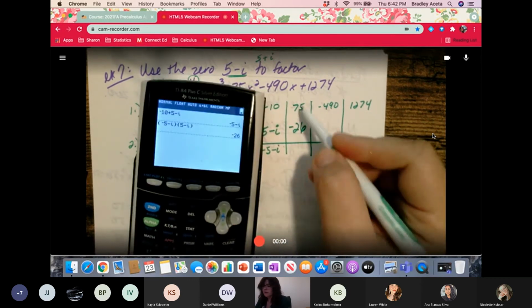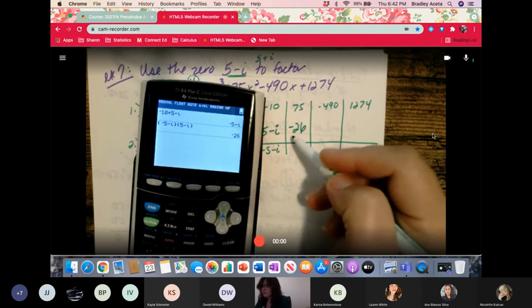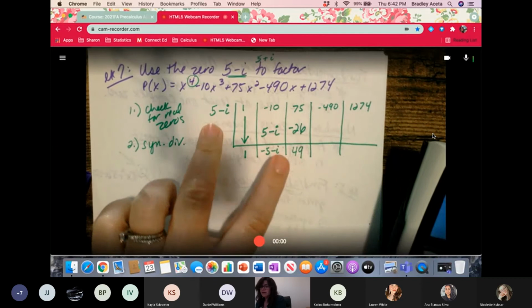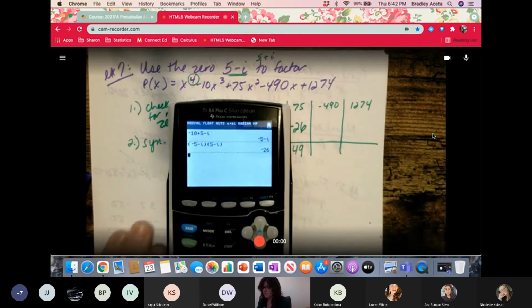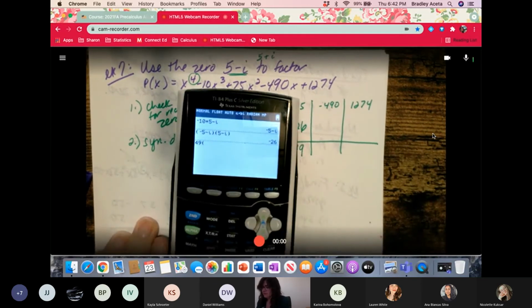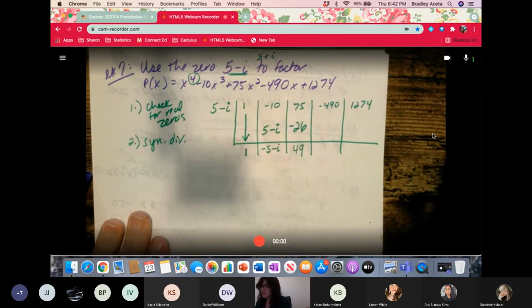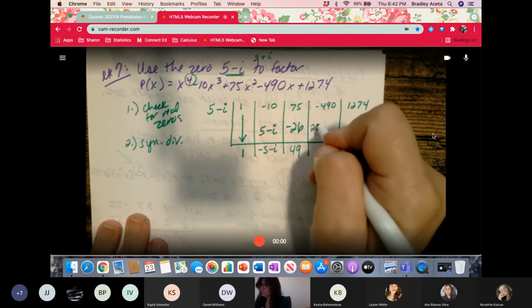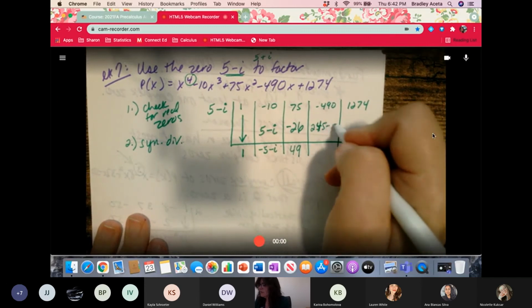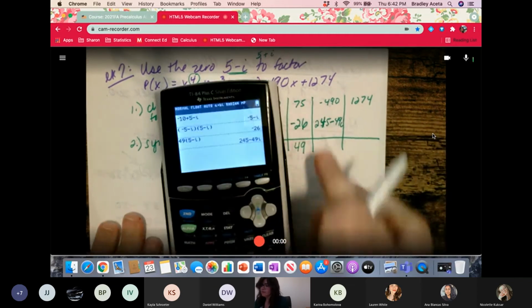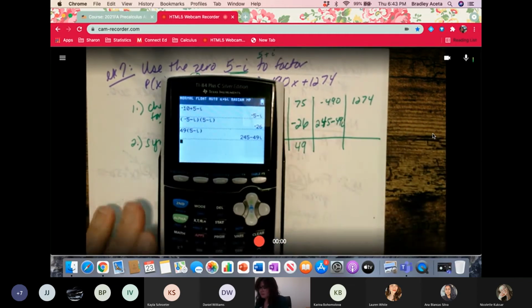You put that here. Now add them straight up and down, and that would be 49. And then do 49 times 5 minus I, which is 245 minus 49I. 245 minus 49I. And then I'm going to add a -490 to that.